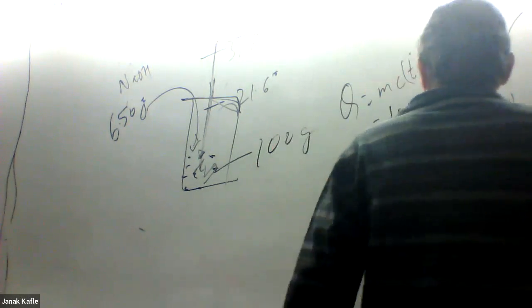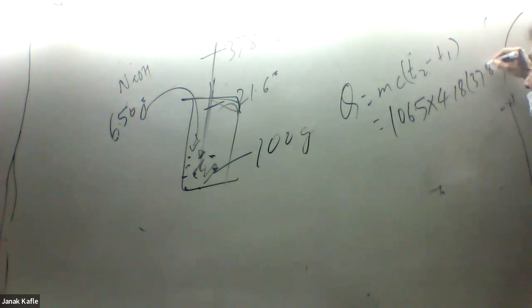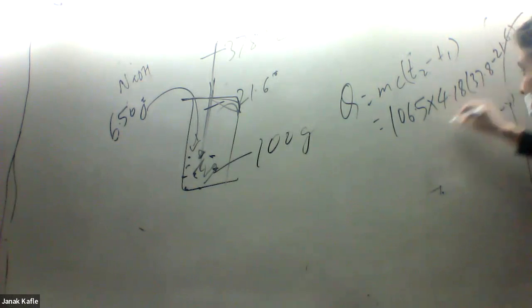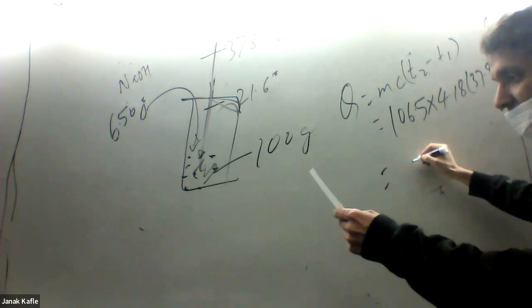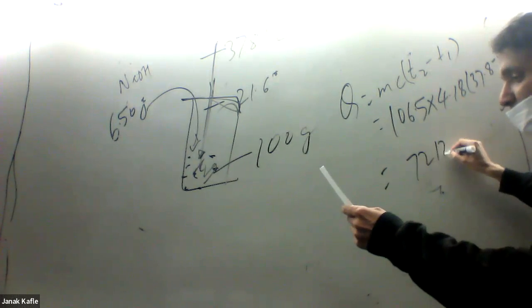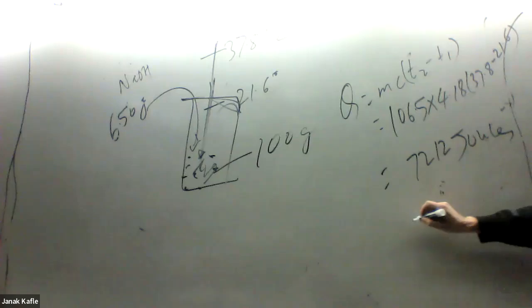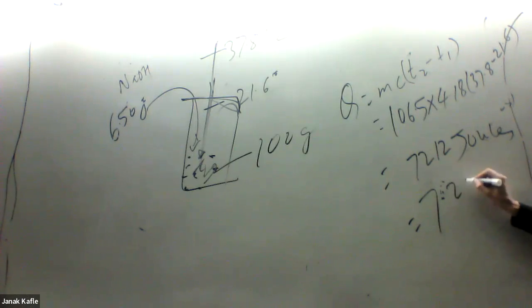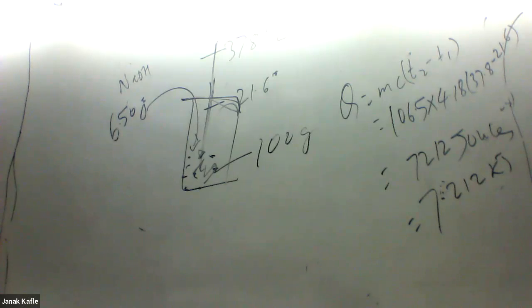So that is 4.18, and T2 is 37.8 minus 21.6, and you get a number. That number comes to be 7212 joules. If you divide this number by 1,000, you get 7.212 kilojoules. That much heat is produced by mixing 6.50 gram of NaOH in 100 gram of water.